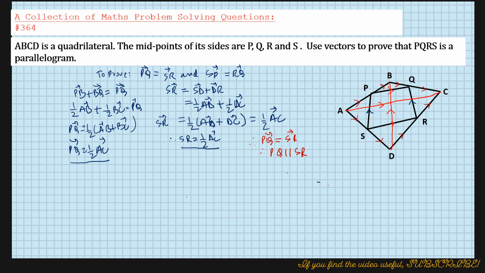Now what do we do for SP and RQ? In a very similar fashion we'll be doing it, but a little bit will change because of the directions. When we're doing SP, we write AS plus SP equals AP.